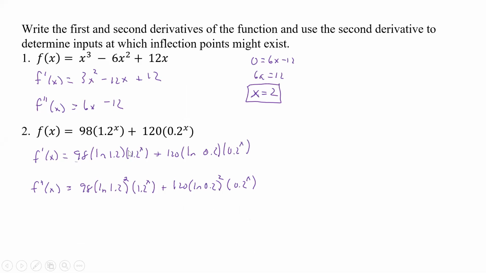Yes, this is supposed to be 9.8, I believe, and 120. Let me check the book here real quick. I think I have a typo here on one of them. It's either my copy or what's online here. It is just 98. Okay, so we'll do 98. That's not a problem. And so I just have to remember my copy is wrong.